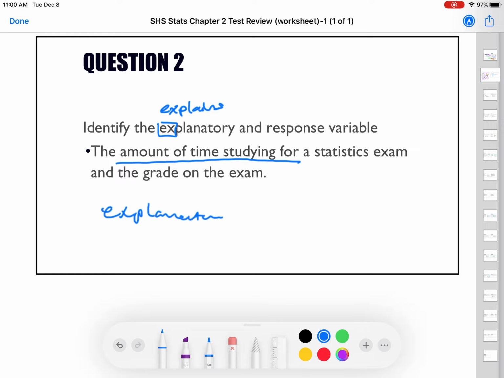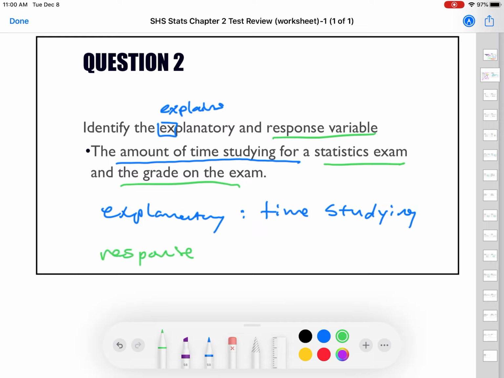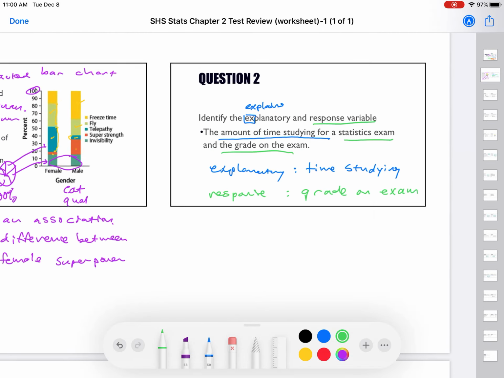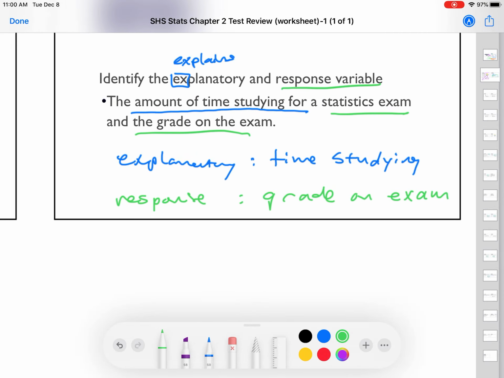Explanatory is the time studying, because the amount of time studying explains the response variable, which is your grade on the exam. Grade on the exam. Okay. Now you could argue the other way that the grade on the exam explains how much time you studied. That's kind of like the afterthought, but generally it's the amount of time studying explains what you will get on your test.